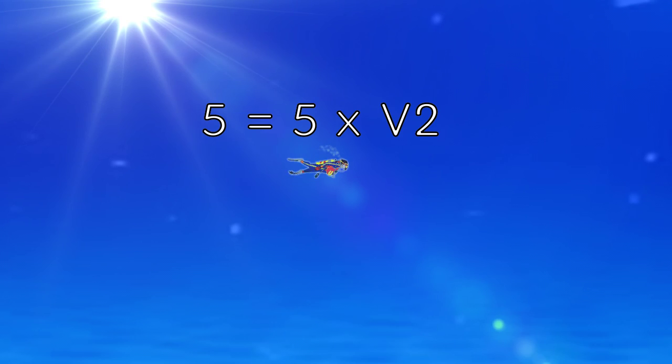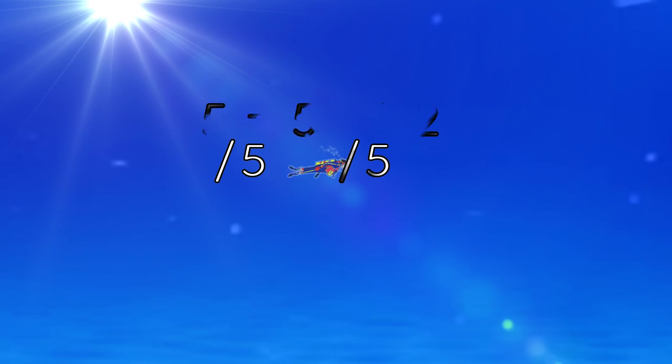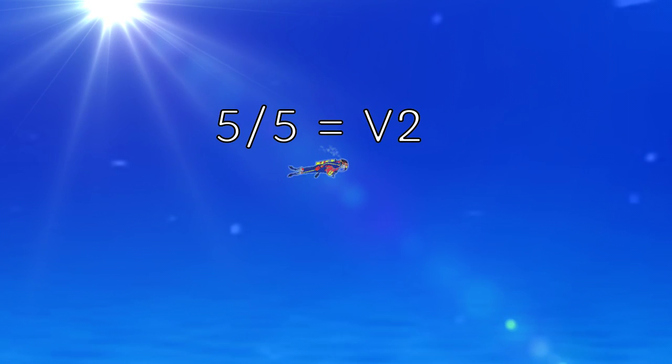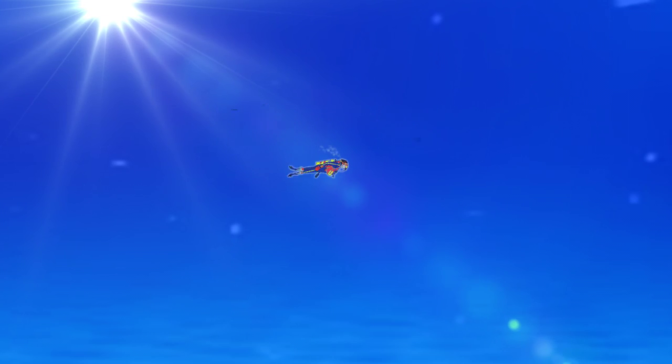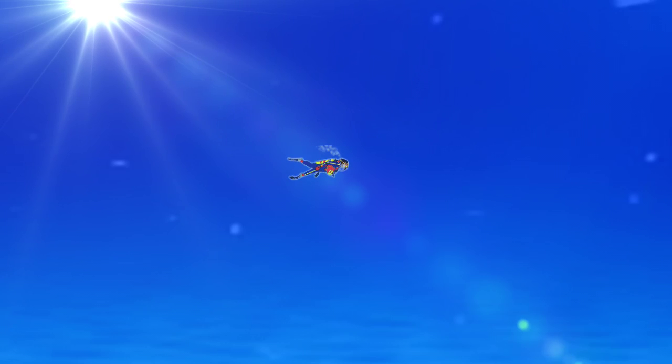Then you would divide 5 to both sides like so. 5 divided by 5 equals V2. And finally, you would get 1 litre as your answer for volume at the depth of 40 meters.